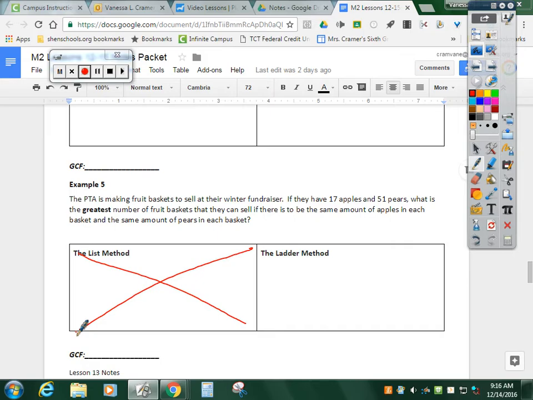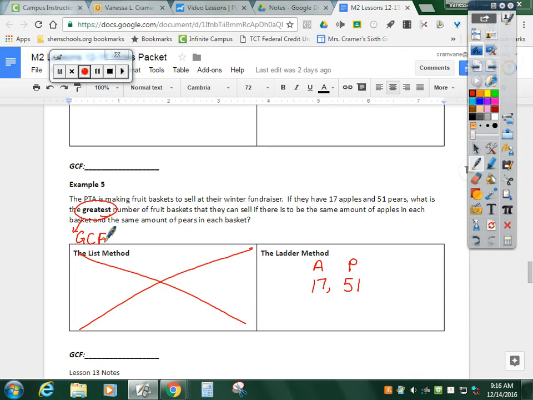If they have 17 apples and 51 pears, what is the greatest, ooh, that's giving us a clue that we need to do the GCF, number of fruit baskets that they can sell if there is to be the same amount of apples in each basket and the same amount of pears in each basket?